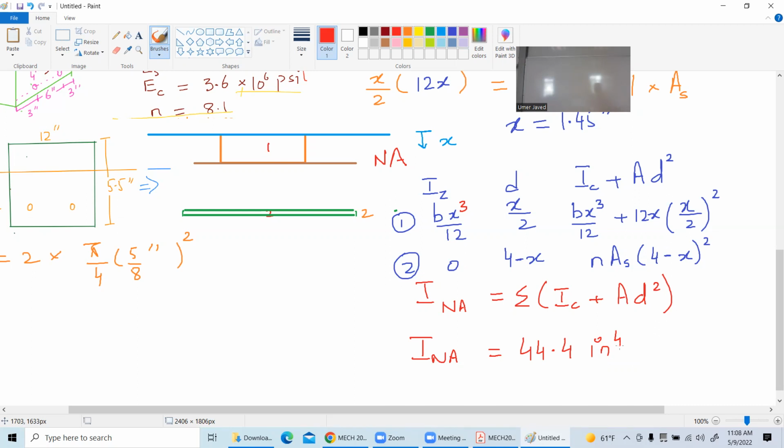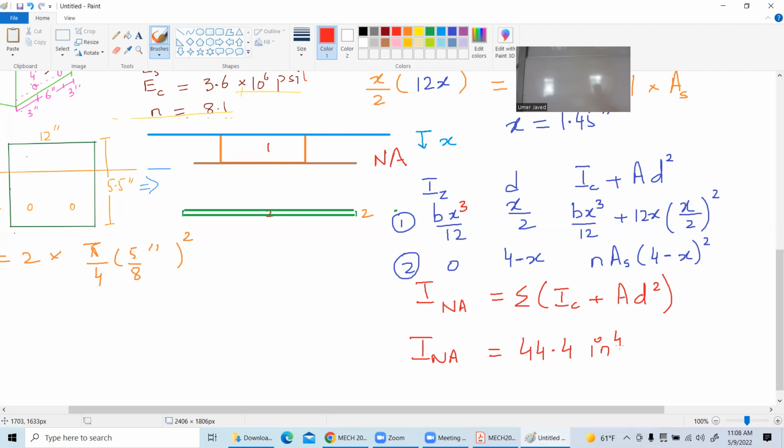Y dash is the distance from the neutral axis all the way up to the centroid of the cross section that we are considering. So it's equals to d, right? Because for the first one, x divided by 2, and for the second one, we said 4 minus x. Of course, y bar. Of course, good. So y dash is clear.